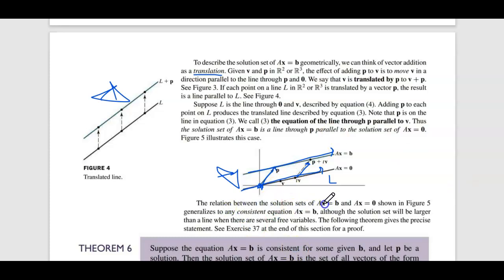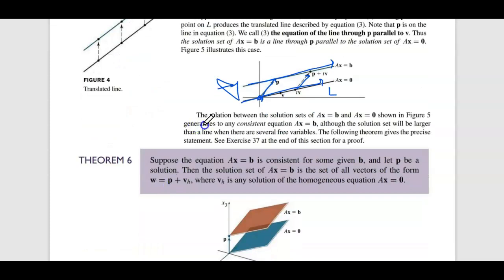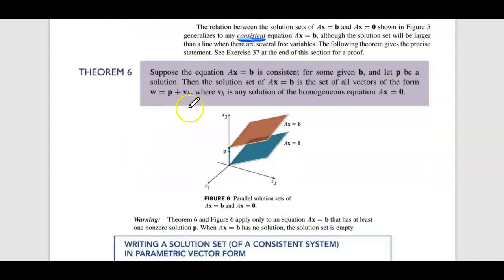And the relationship between those two solution sets here in this figure is that it generalizes any consistent equation Ax equals b. Remember, to be a consistent equation we need for a solution to exist, and so this gives us the set of all solutions that exist, very similar to the span. Suppose that the equation Ax equals b is consistent for some b, so a solution exists. Let P be a solution.